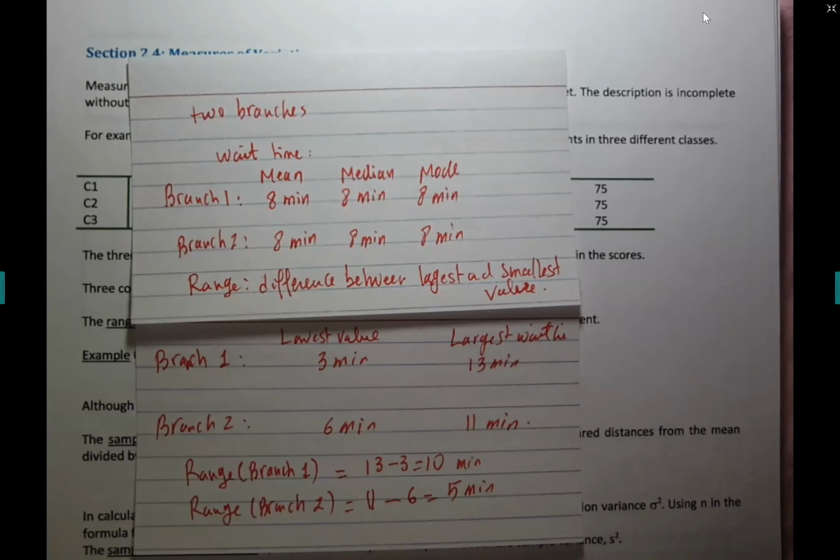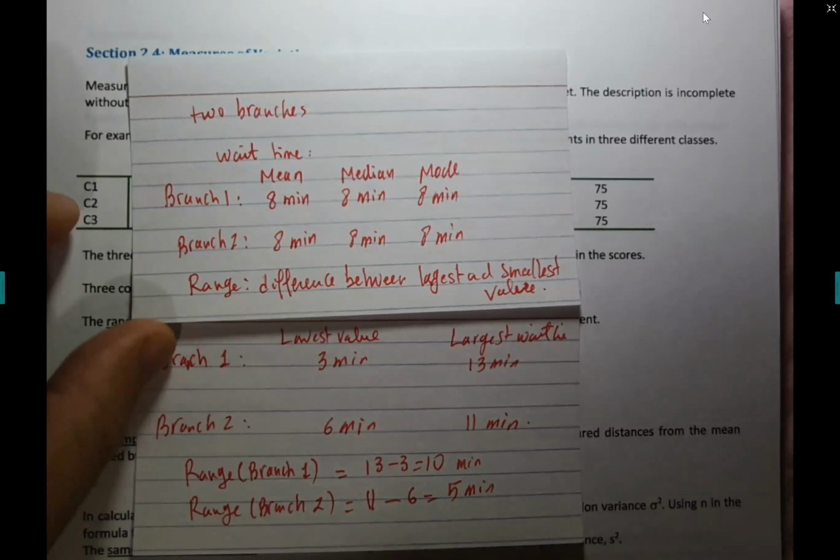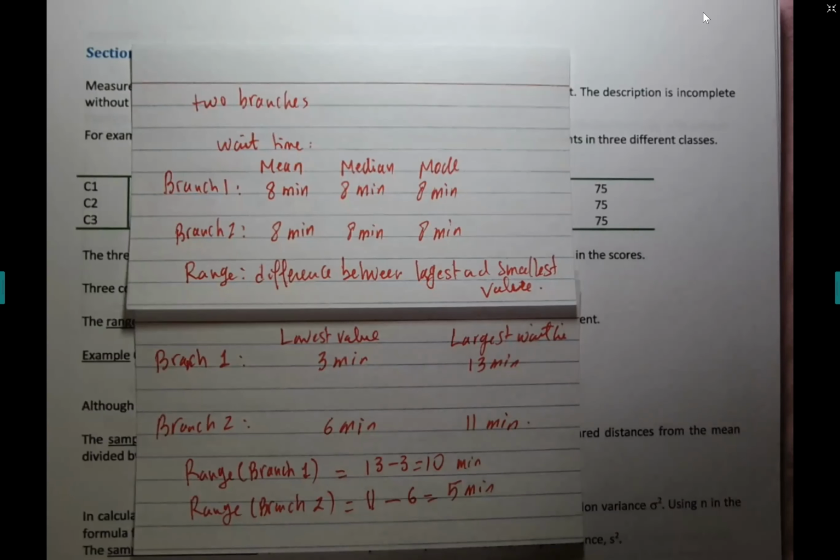What kind of disadvantage do you think the range will bring in? Let's see if someone can detect it. Remember, we surveyed 15 customers in each branch, and the range is the difference between the largest and the smallest.